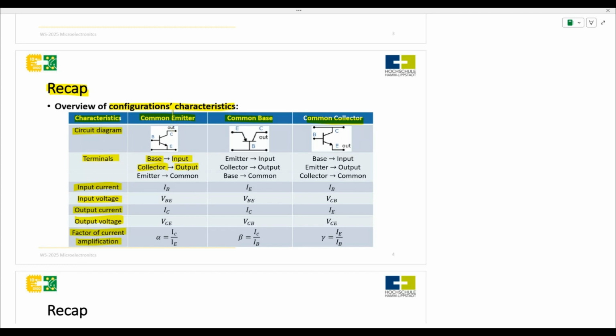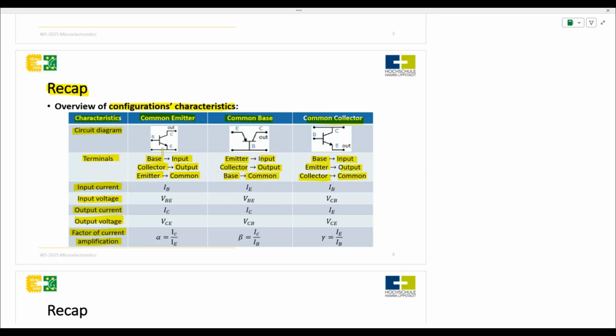As it is a common emitter, our emitter is the common. Then we have our common base. In the common base, the base is the common, the emitter is the input, and the collector is the output. While in the common collector, the collector is the common, the base is the input, and the emitter is the output.